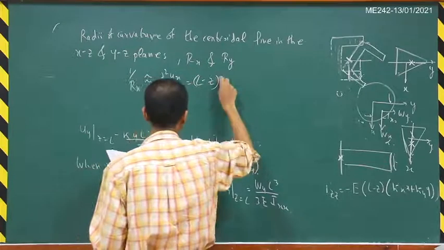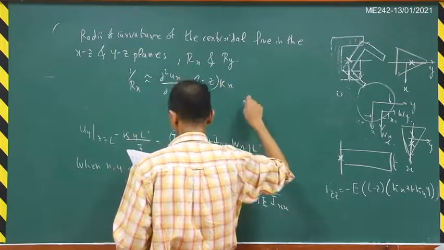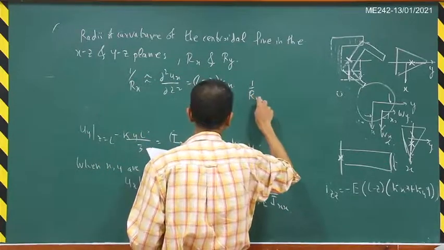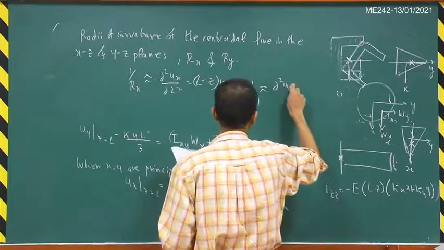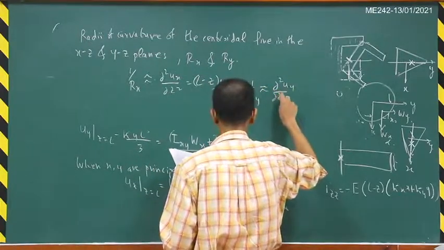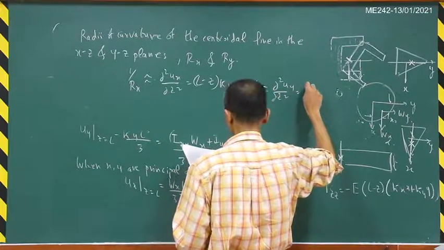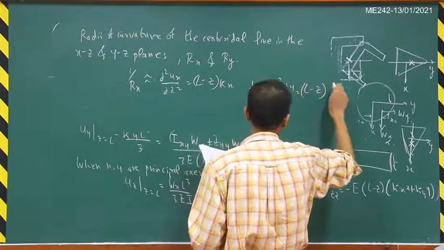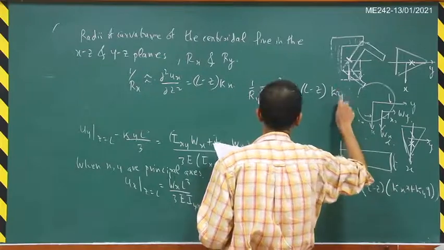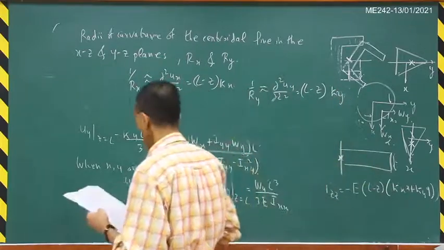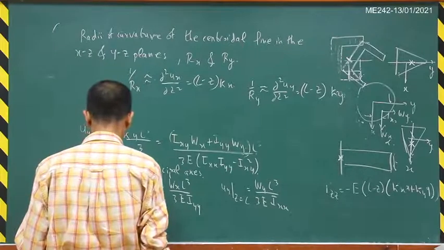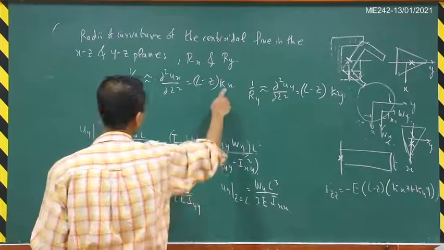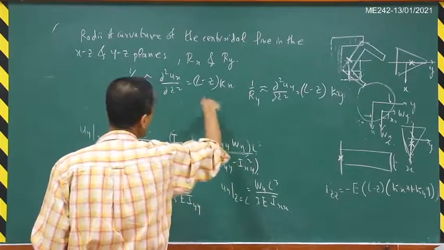and 1 by Ry is approximately del square Uy by del Z square, which is equal to L minus Z times kappa y. And so that is the reason that this terminology kappa x is justified, because it is like a curvature.